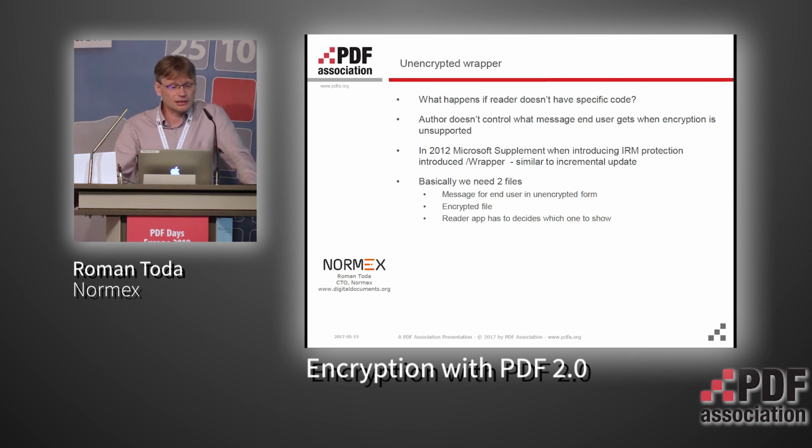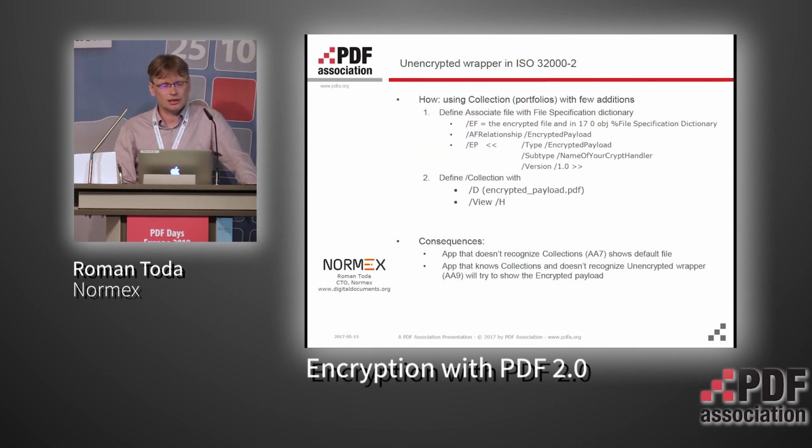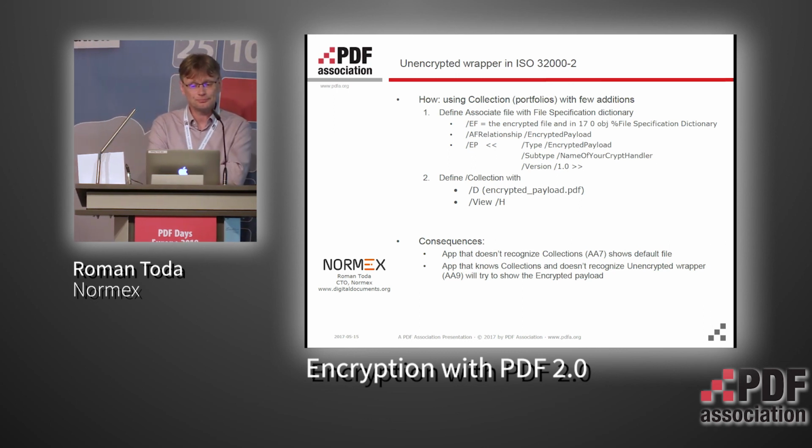So that's the idea. Basically, we now need two files. One is a message for the end user in unencrypted form, and then we have the encrypted file. And the reader app has to decide which one to show. In 2.0, as I said, we introduced a feature called unencrypted wrapper.